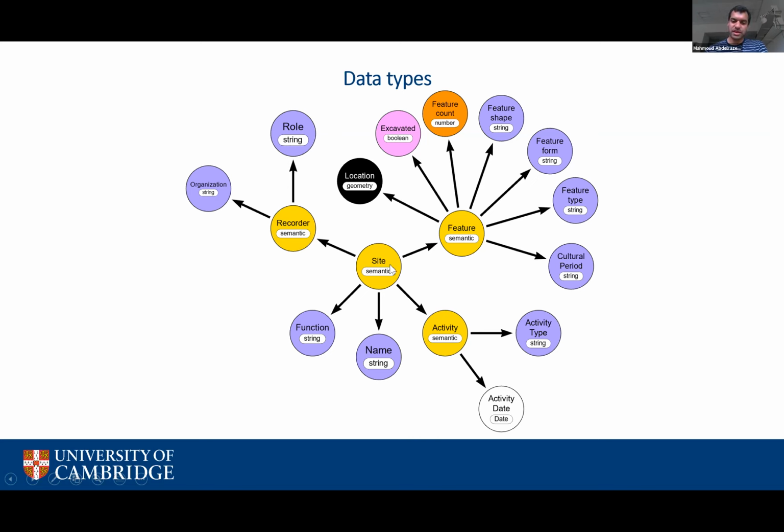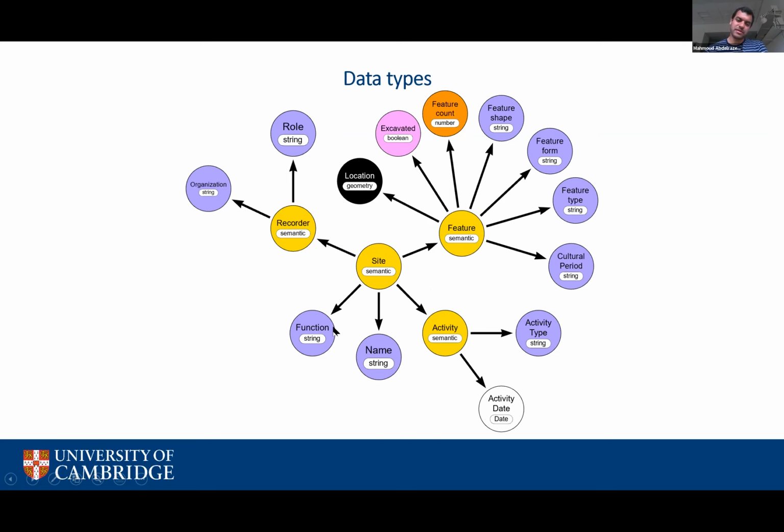So each of the semantic nodes does not contain information by itself. Rather, it serves as a tool to link the connected information around it together in one data structure.